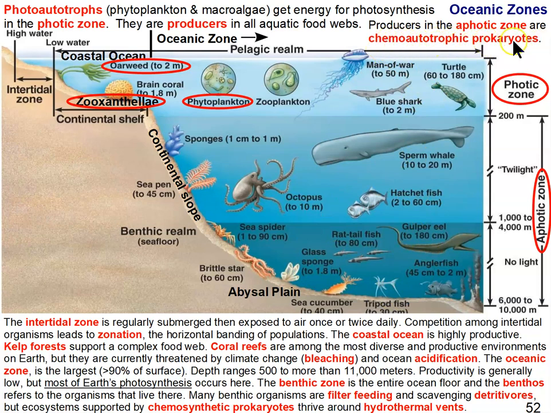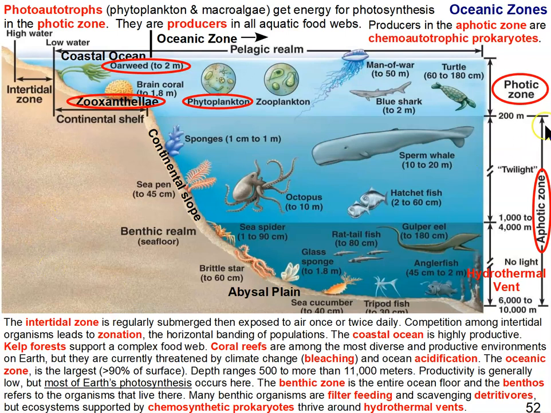Chemoautotrophic prokaryotes live down around hydrothermal vents because they need to carry out not photosynthesis but chemosynthesis. They're using the energy from chemicals coming out of the hydrothermal vents to get the energy they need to make their own food. So it's just like photosynthesis, except the energy for the process comes from chemical energy instead of light energy.